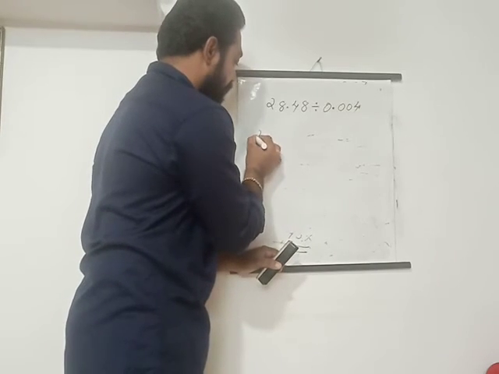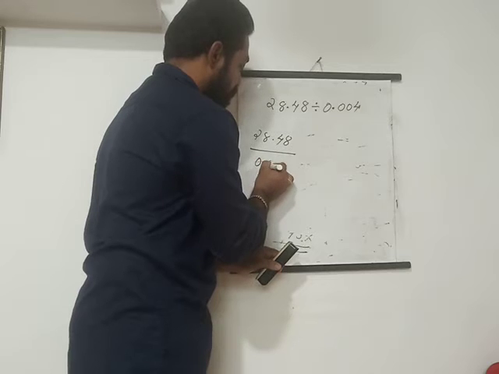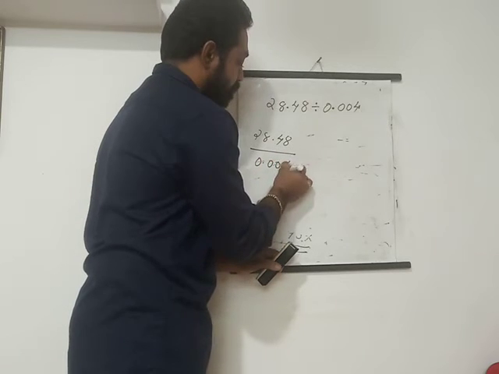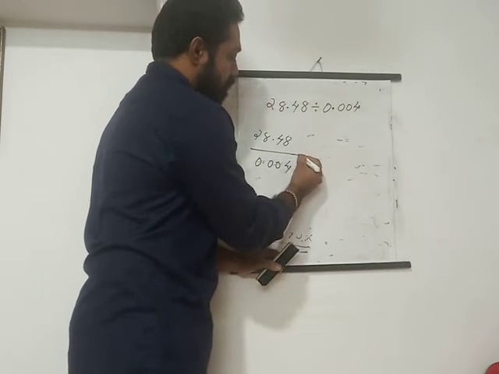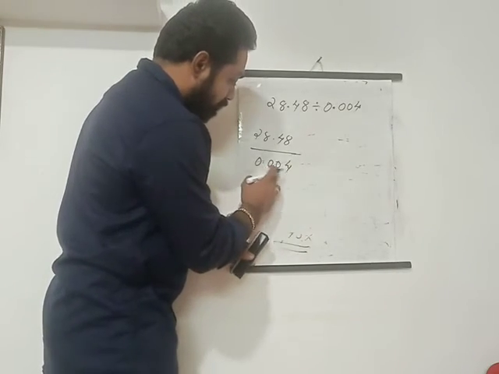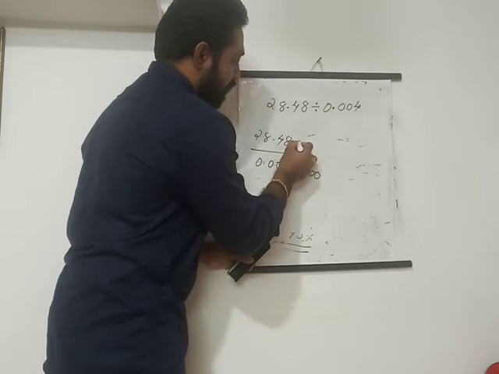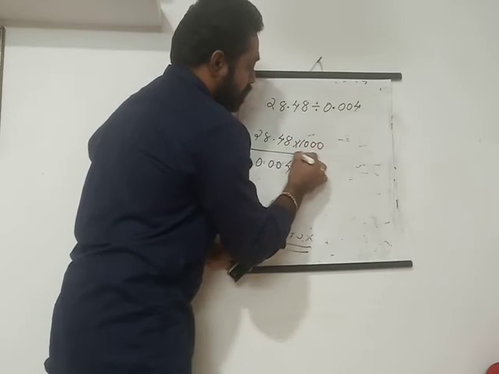So 28.48 divided by 0.004. Okay, so we have to convert, isn't it? So here how many decimals? 1, 2, 3, isn't it? So multiply with 1,000. The same thing I have to do here too.